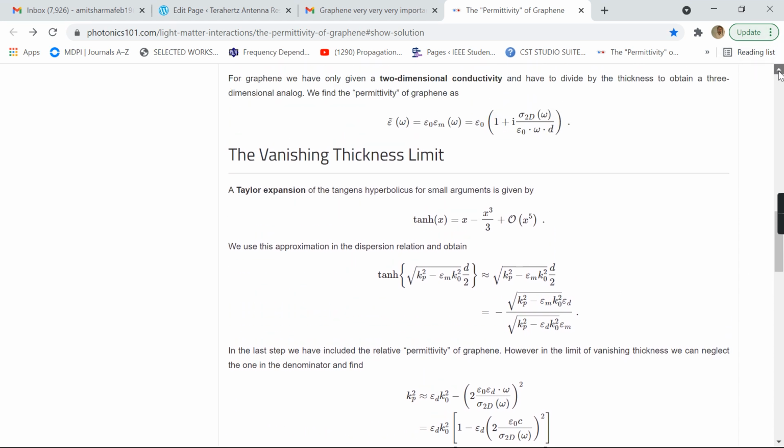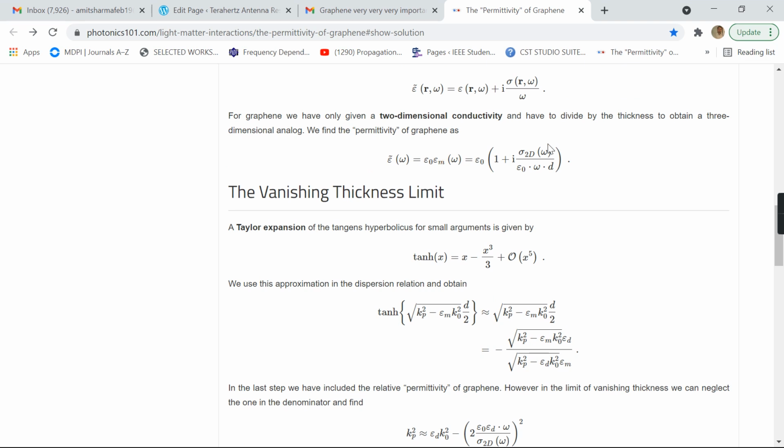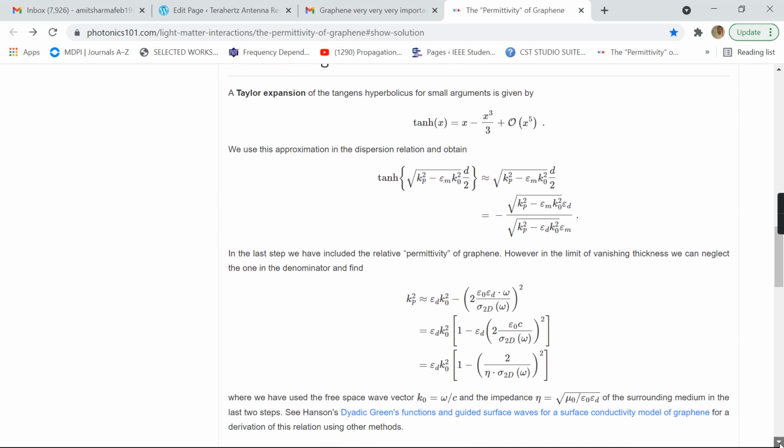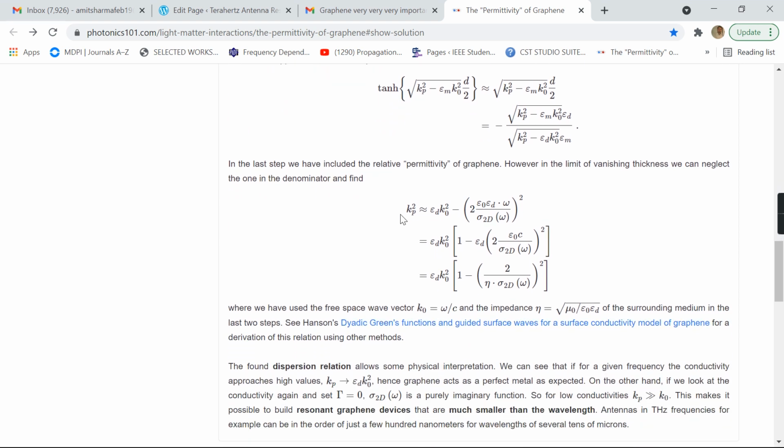As we can see here, epsilon m is being converted to this whole thing, and they are putting the values here and finally giving the value of the wave vector square, kp square, for the surface plasmon polariton waves as this. So this is the value of the wave vector for surface plasmon, sorry, polariton. Now here we have used the free space wave vector k naught equals omega by c.